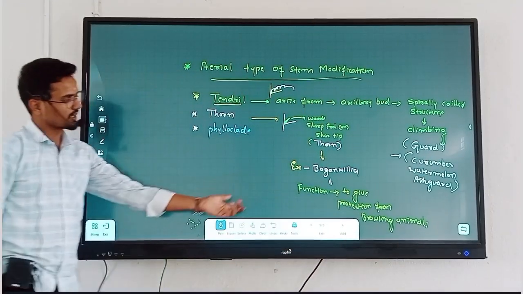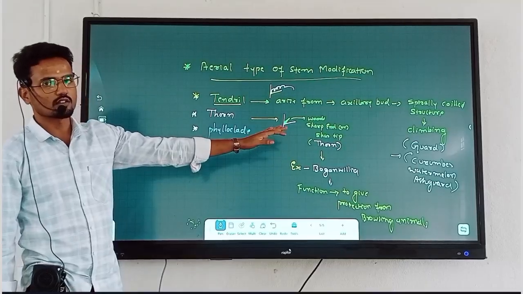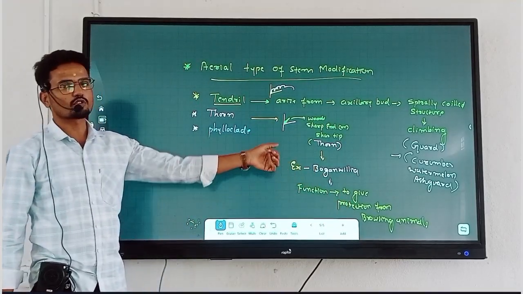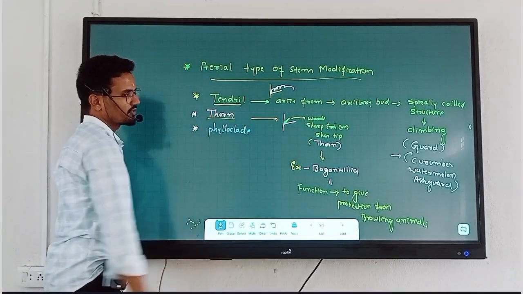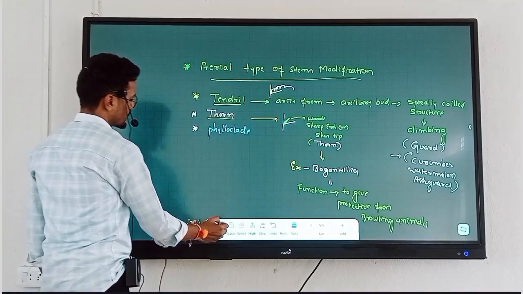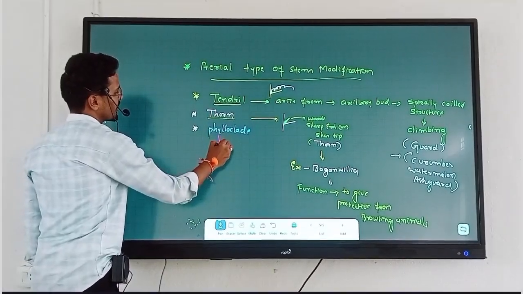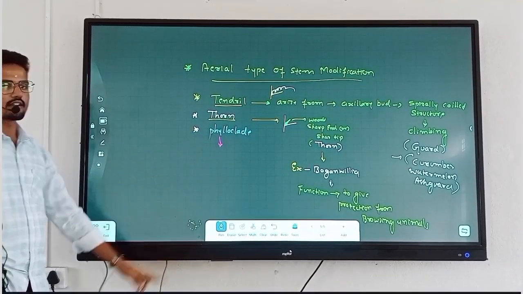Browsing animals eat higher plants. From those browsing animals, these thorns give protection to the plants. That's why it is another type of aerial stem modification, that is thorn. After thorn, there is another important stem modification, called phylloclad.